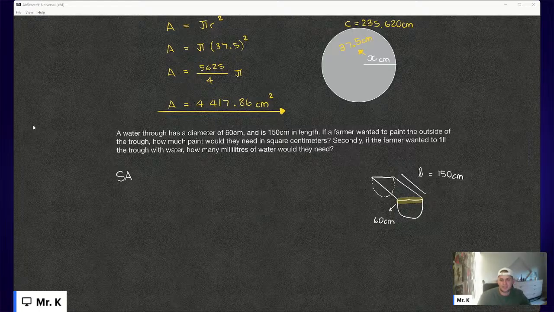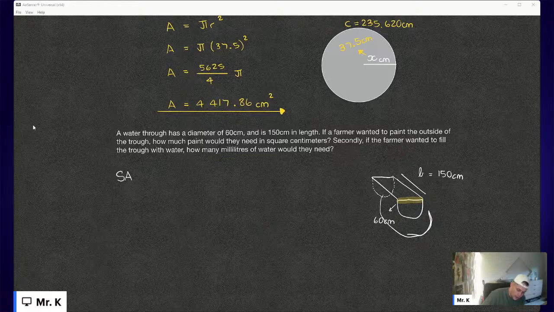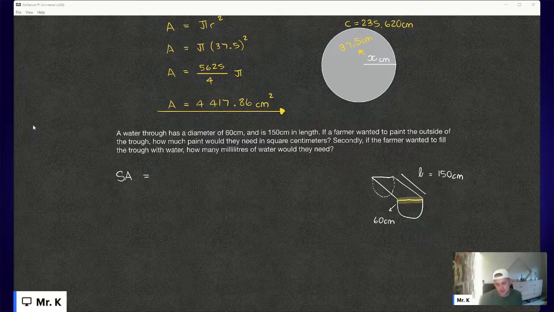Now, what is the surface area of this piece of a cylinder going to be made up of? We're going to have this front plate over here and the back plate over here. Then we're also going to have this rounded edge that goes all the way around the base, right? That holds the water.